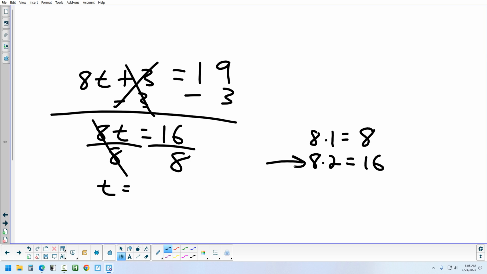So we know 8 times 2 is 16, right? So if we take 16 and divide it by 8, that's going to give us something else that's in this equation right here. What would 16 divided by 8 give us?